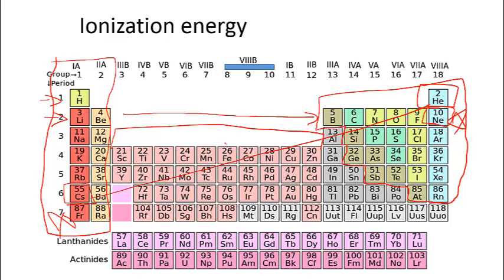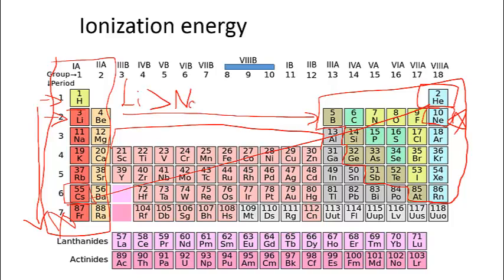Additionally, ionization energies tend to decrease in moving down a given column of the periodic table. And we showed this already. We said that if we started with group 1A and ranked lithium to cesium, lithium would have the highest ionization energy.